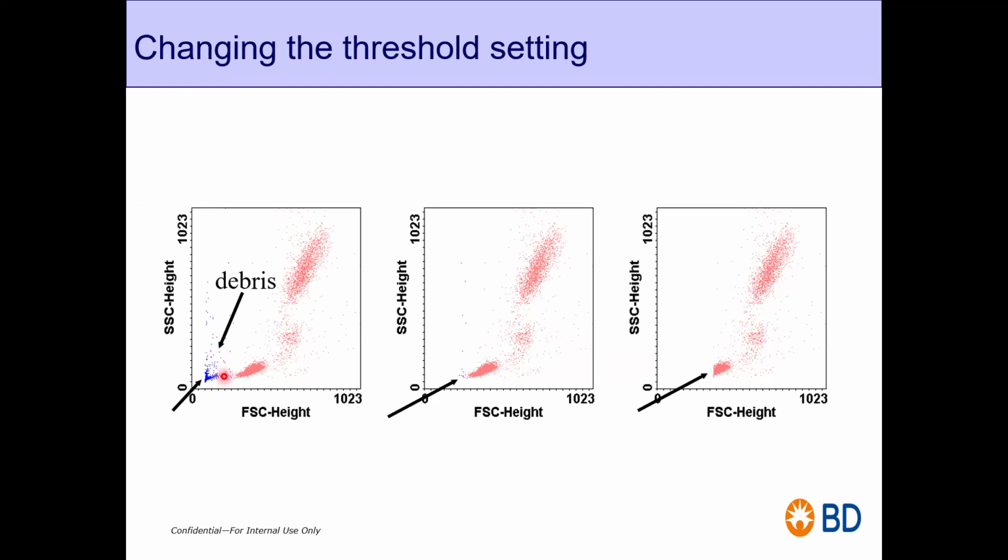You can't do anything with that signal. Once you remove the debris, whatever 10,000 cells you have acquired are coming from your true population and true signal.